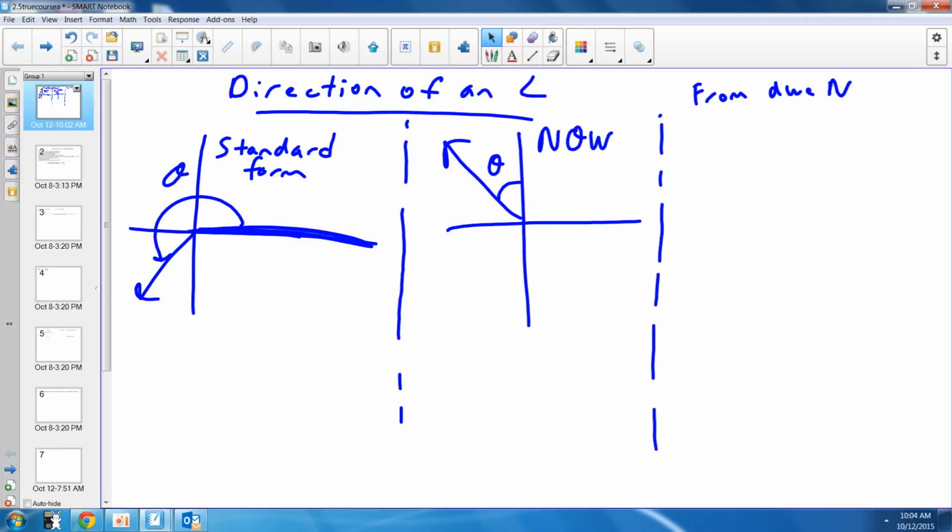From due north means you're just focusing on the north end of a line and going clockwise from it. So we'd draw something like this, where that would be my theta from due north, like 200 degrees from the north. That's just one more way of drawing an angle that they're going to use in story problems.